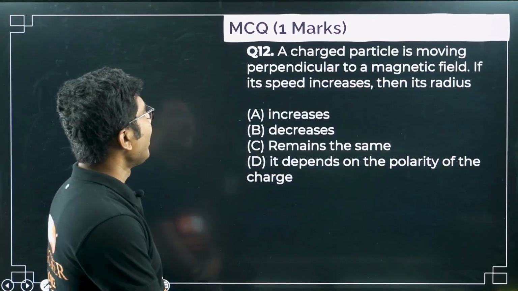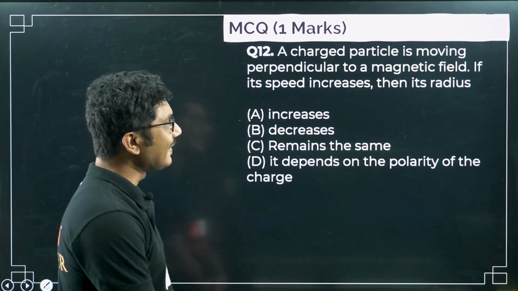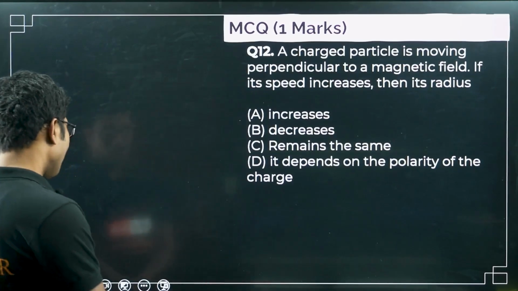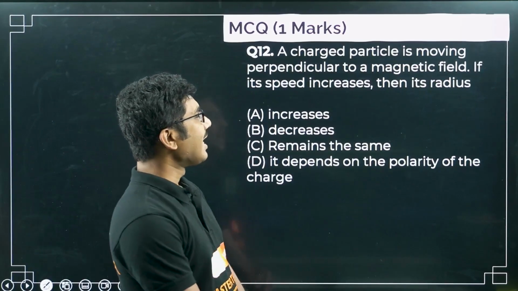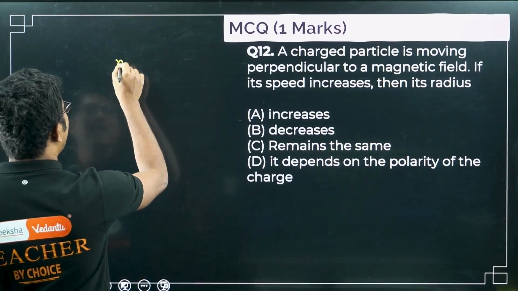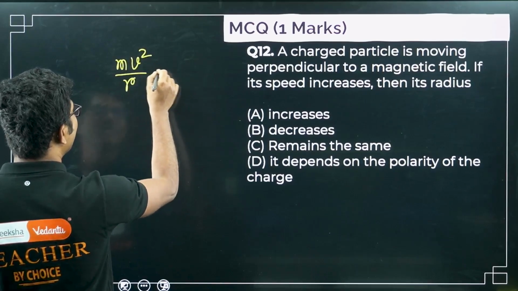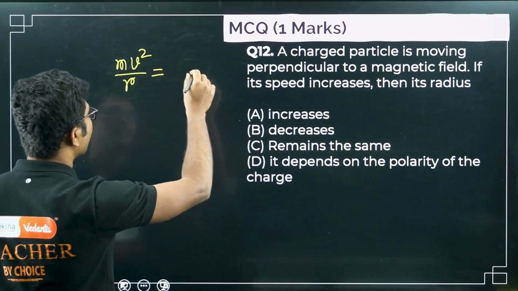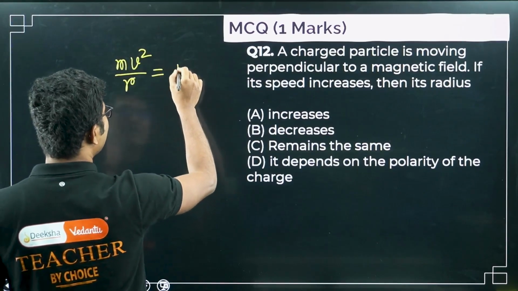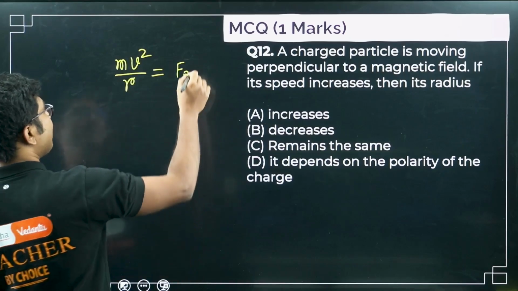Next question. A charged particle is moving perpendicular to a magnetic field. If its speed increases, then its radius... Very interesting question. For a charged particle moving in a circle, mv squared by r is the centripetal force, which should equal the magnetic force.